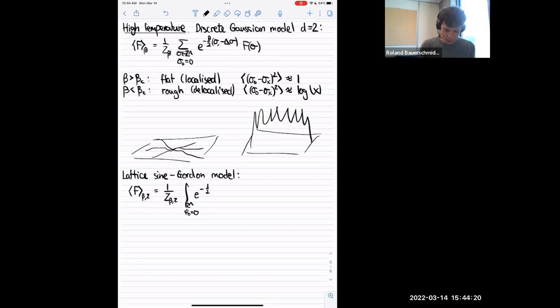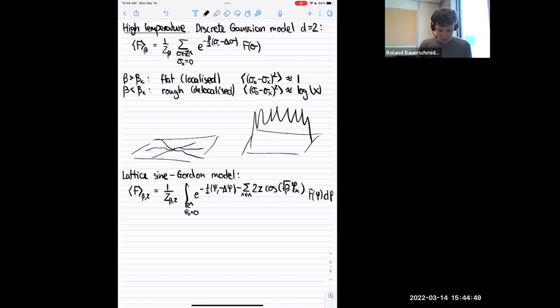For all physical purposes, we think of this model as completely equivalent to the first one. And as is customary for a continuous model, I've scaled it such that the first term doesn't have a coupling constant in it.